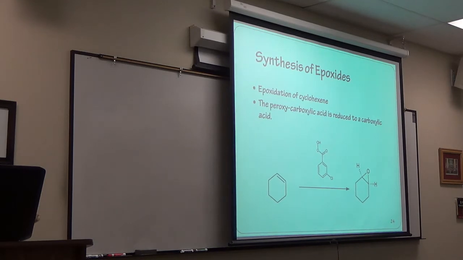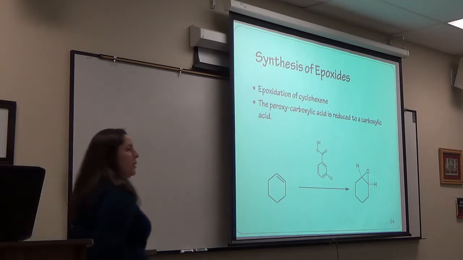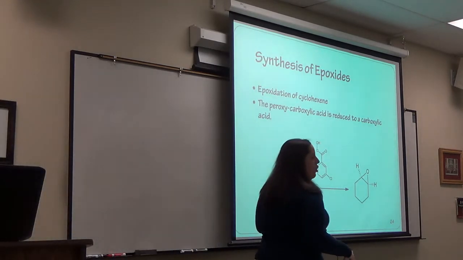CO3H. Ours is different on the slides? It's probably, yeah. We get the carboxylic acid at the end, but basically it's the same thing. Oh, I have a different reaction.